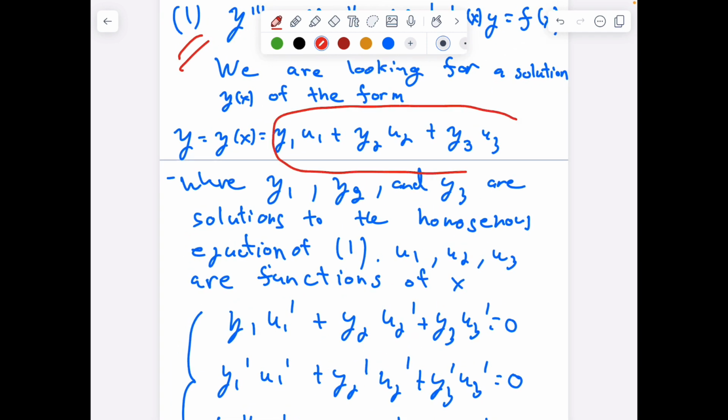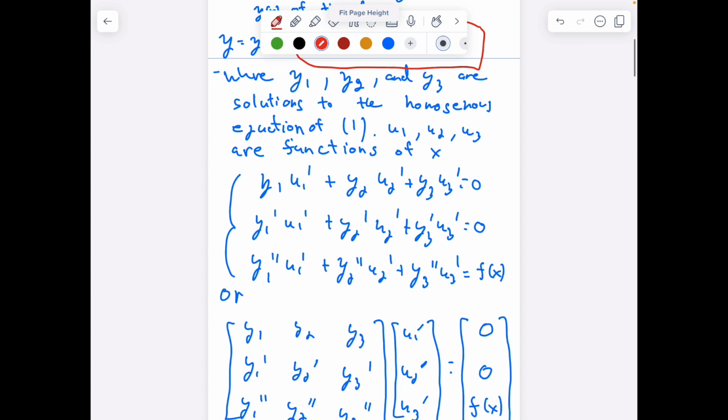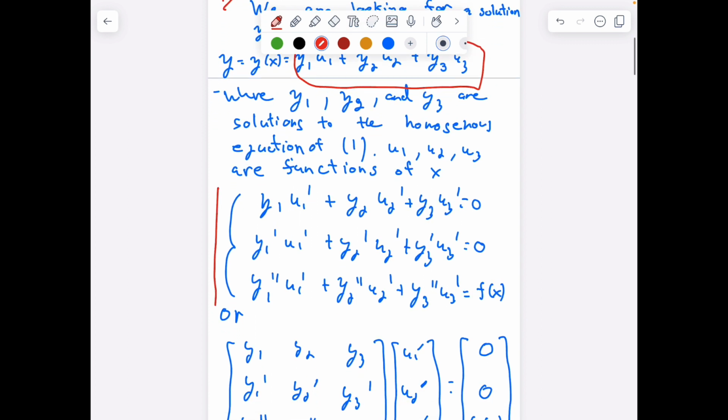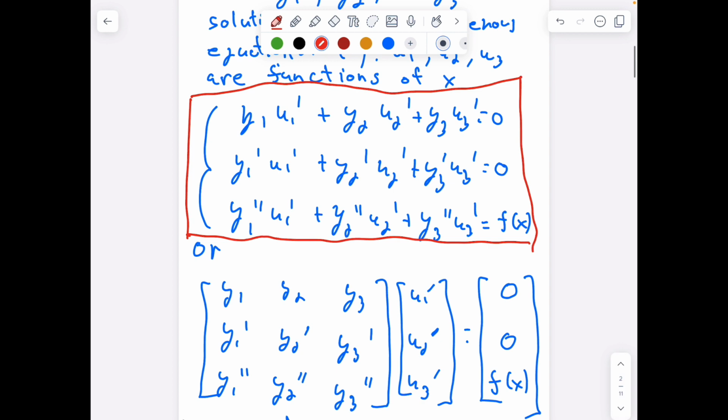So your solution y is y1 u1 plus y2 u2 plus y3 u3. y1, y2, and y3 are those solutions to the homogeneous equation, and u1, u2, and u3 are functions of x. And long story short, all your functions and their accompanying derivatives need to solve the system of equations right here.